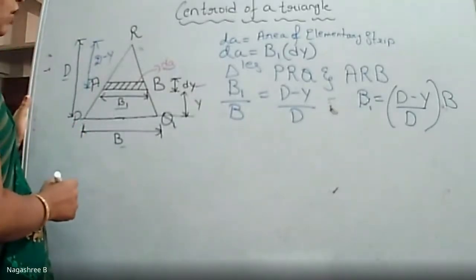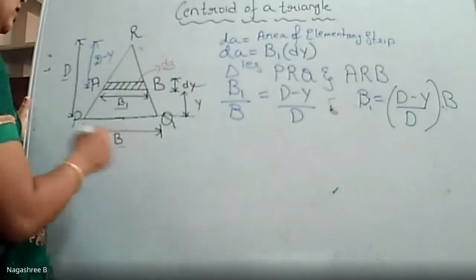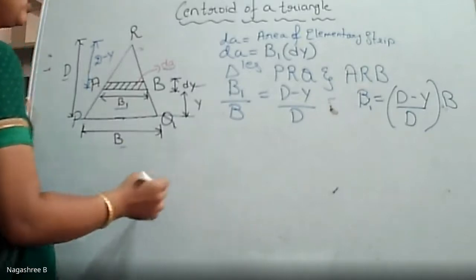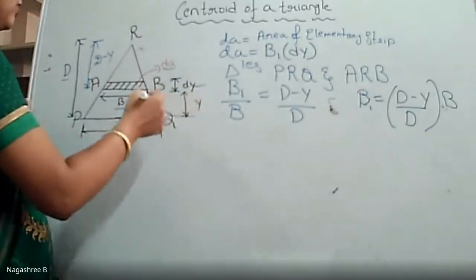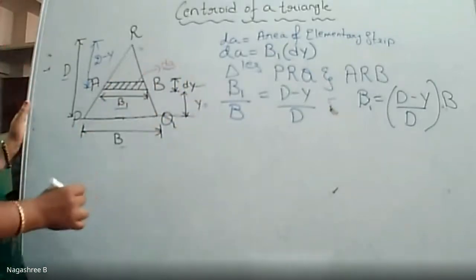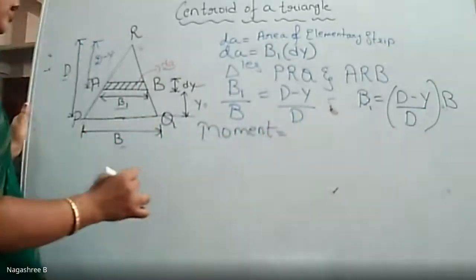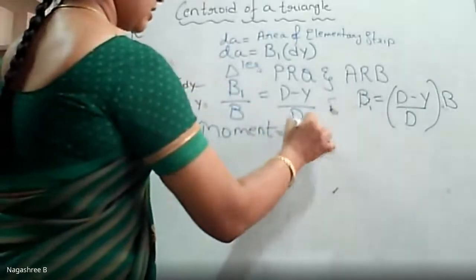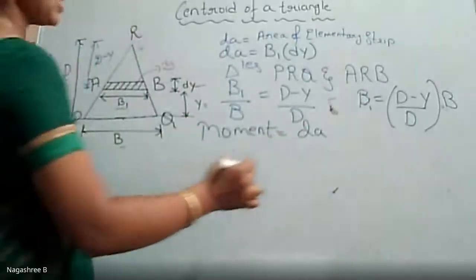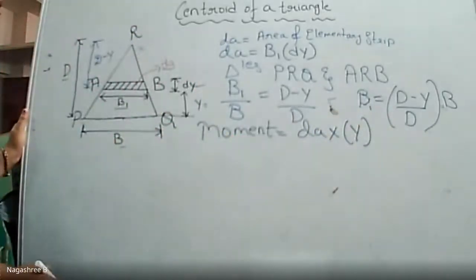The vertical distance between the elementary strip and the axis PQ is equal to Y. The moment is the area of the elementary strip times the perpendicular distance, so the area dA times Y. So it is dA times Y.